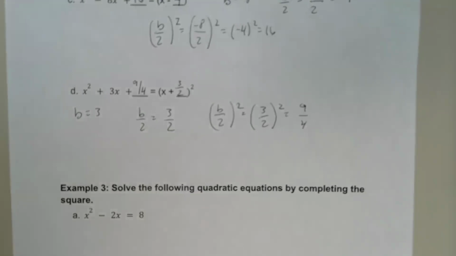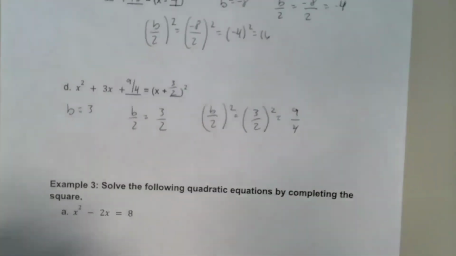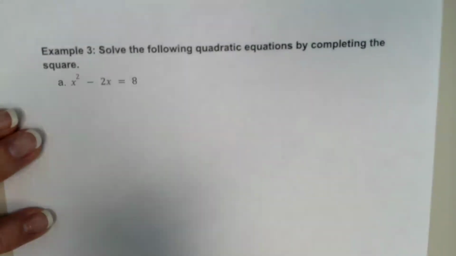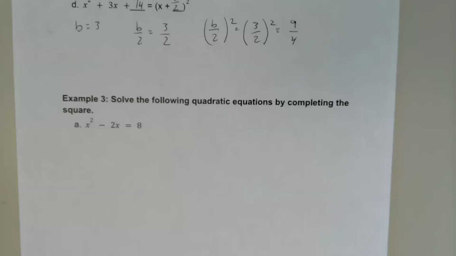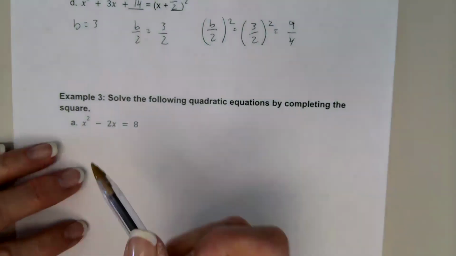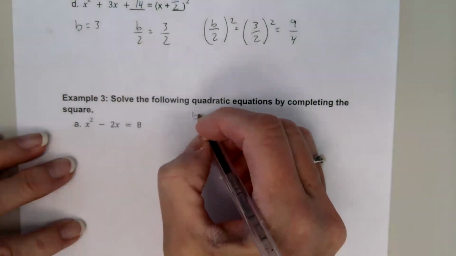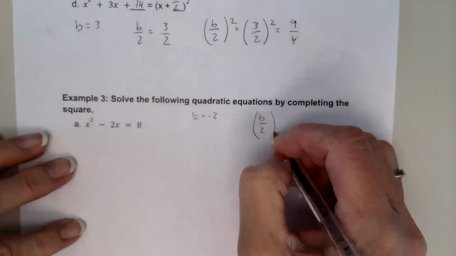Okay. So we're going to use this idea of completing the square to actually solve an equation. So let's do that in example 3. So we have x squared minus x minus 8. So to complete the square, we are going to take b is equal to a negative 2. So we're going to take half of b.